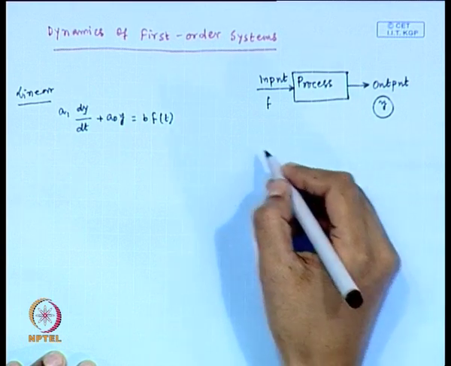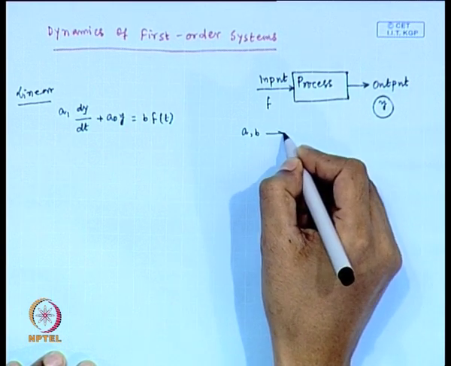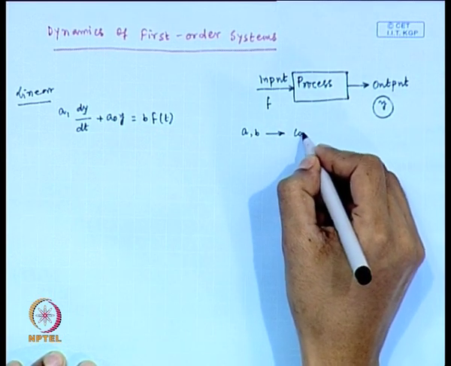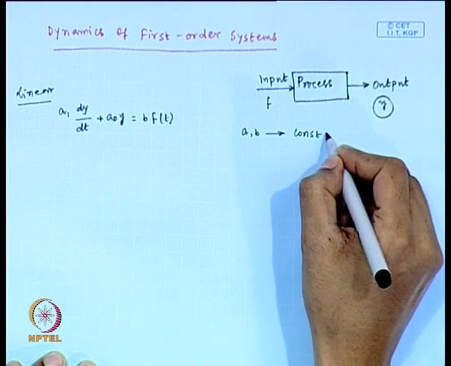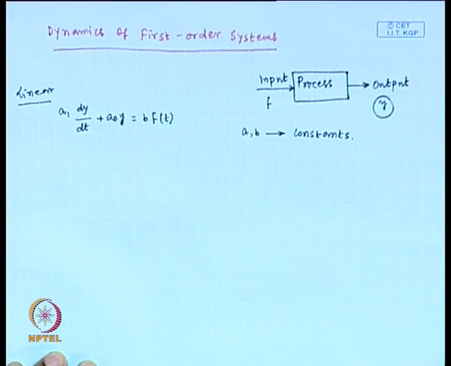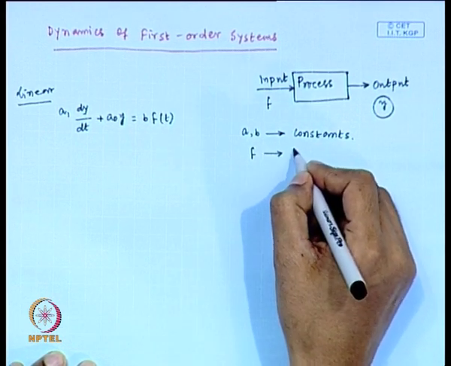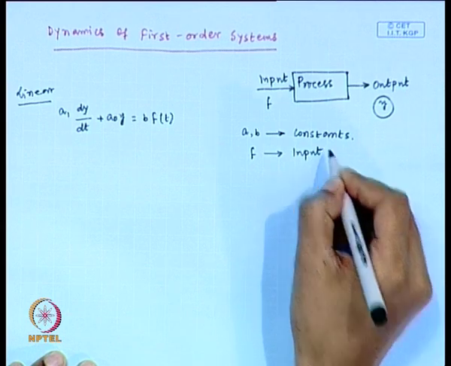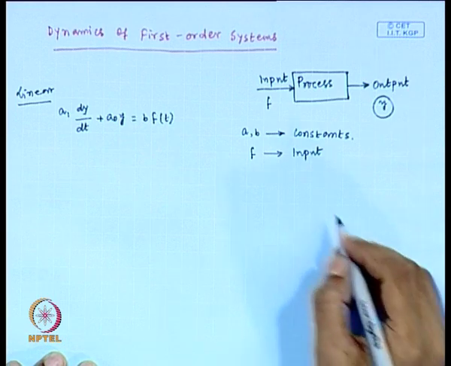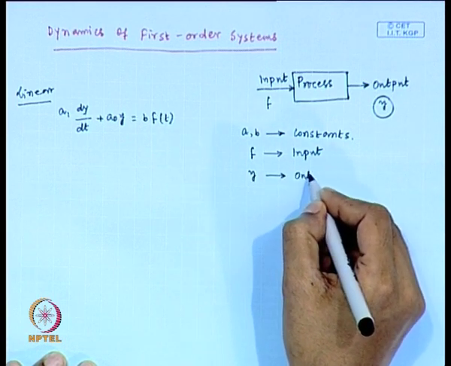Now, in this equation a and b both are constant coefficients. F is the forcing function or input, and y is the output.